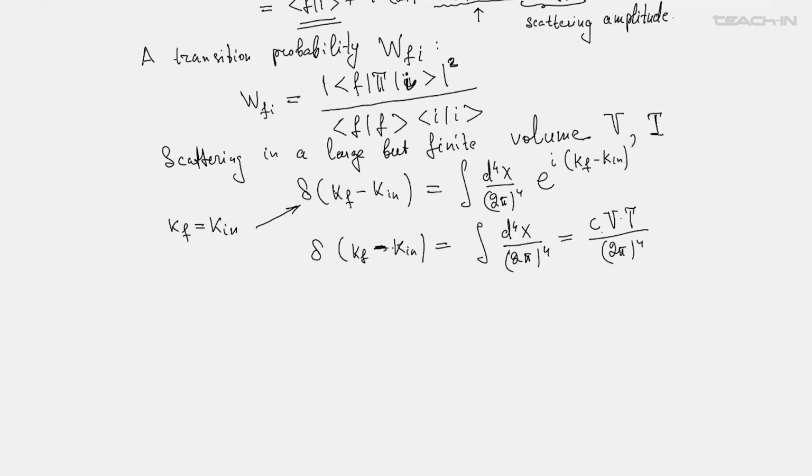In fact, in the finite volume, you have to make further modifications. In particular, you have to consider different normalization of states in the asymptotic Fock space.